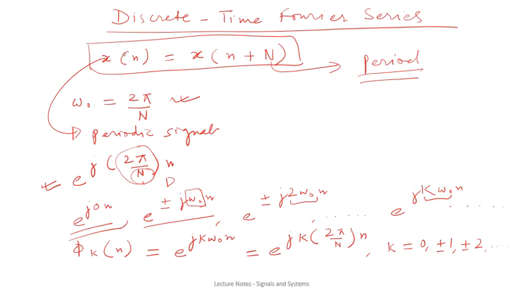So the discrete time signal x[n] can be expressed in the form x[n] equals summation over this k of X[k] phi k[n], isn't it?